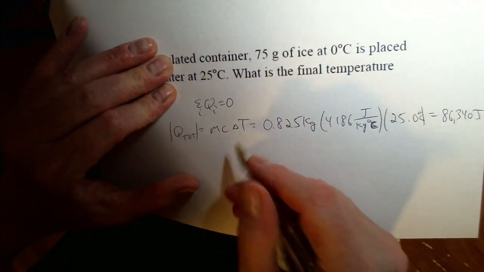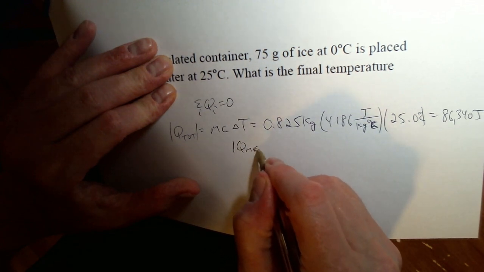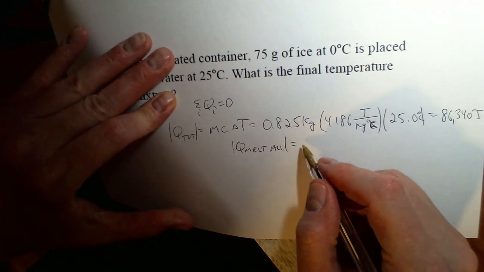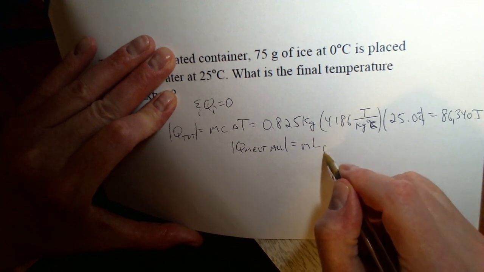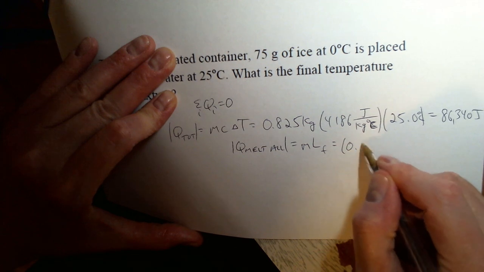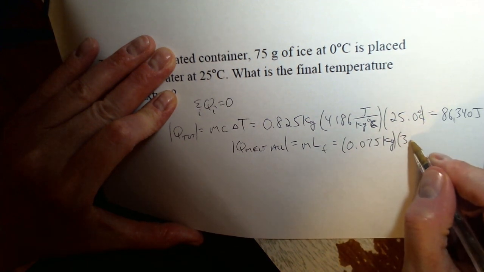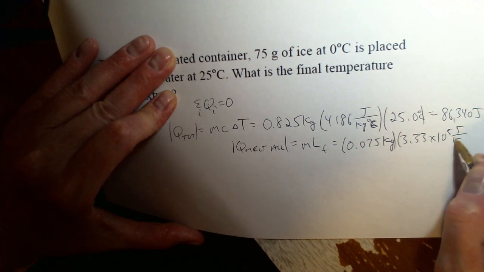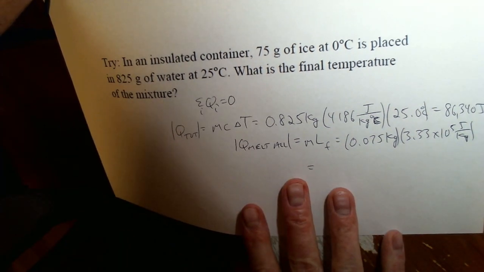This is the heat to melt all the ice, equal to the mass of the ice times the latent heat of fusion of water, which is 75 grams, 0.075 kilograms, times the 333,000 joules per kilogram. And I'll put that into my calculator and come right back.